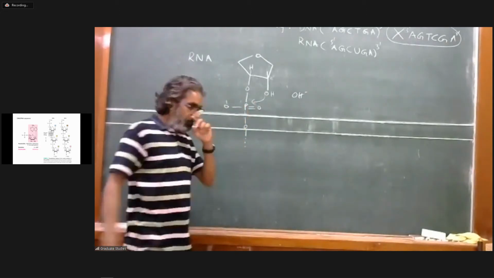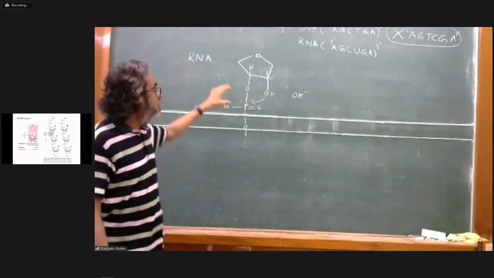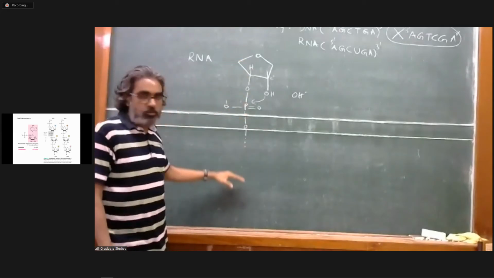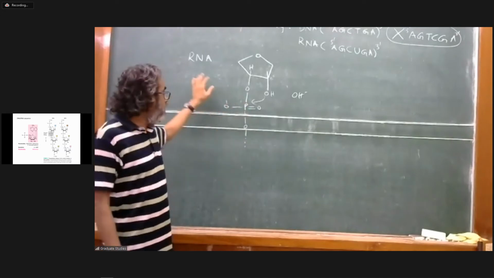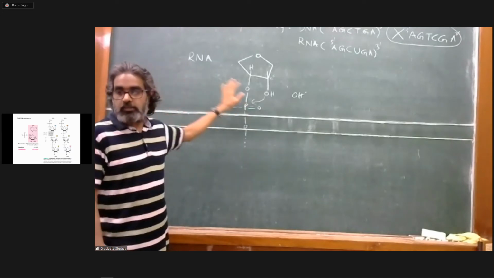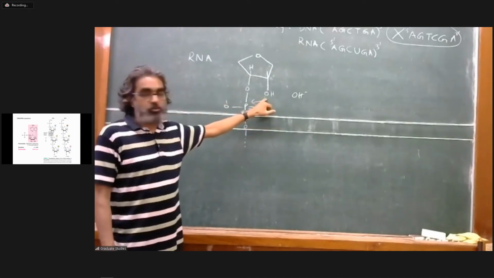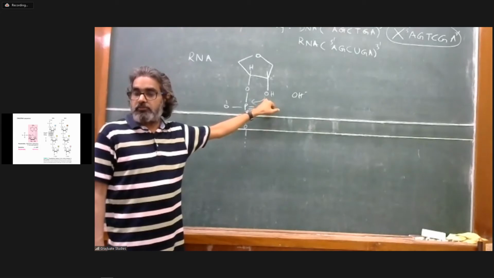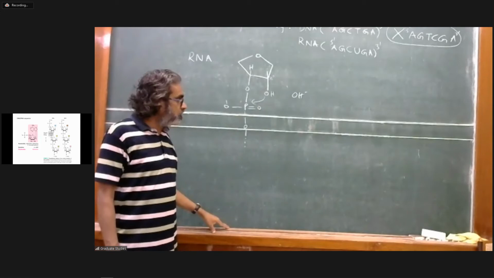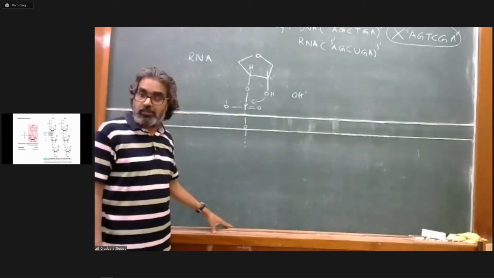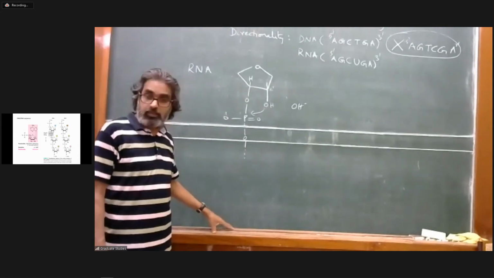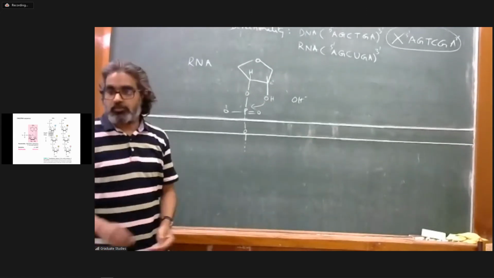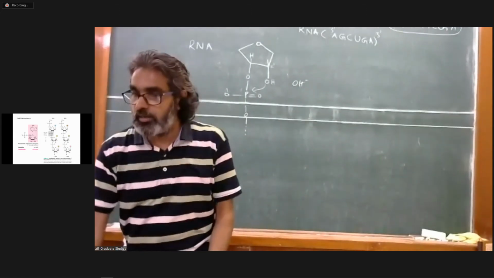Because of this cleavage, the polynucleotide chain in RNA can be fragmented into individual nucleotides. This doesn't really occur in DNA because this OH, which is responsible for this reaction, is absent. That's why sometimes you say that RNA is not a very stable molecule, whereas DNA is. So that's one difference I wanted to highlight.